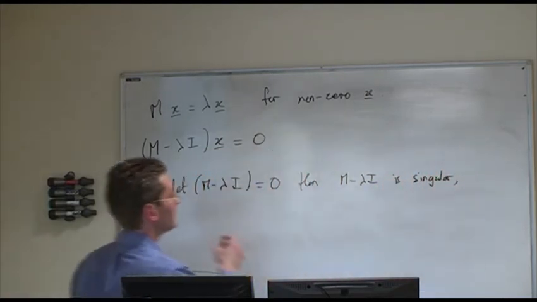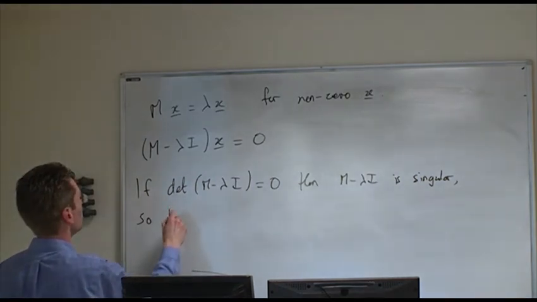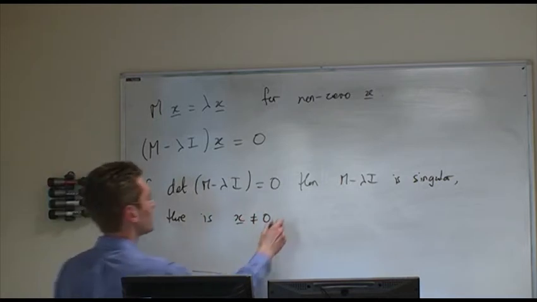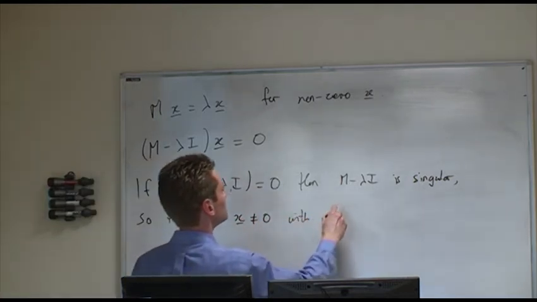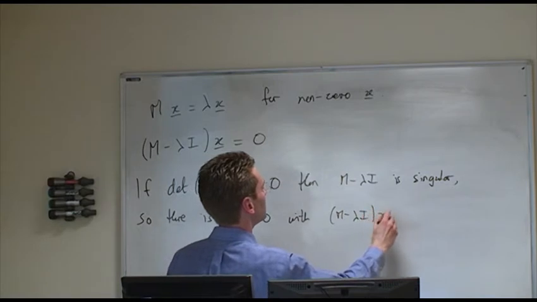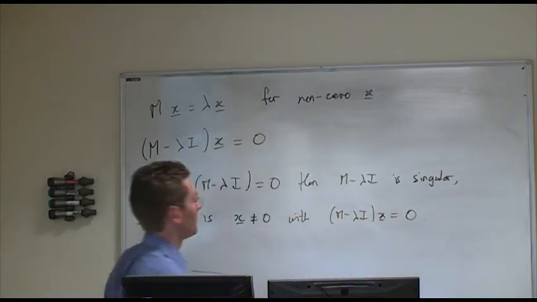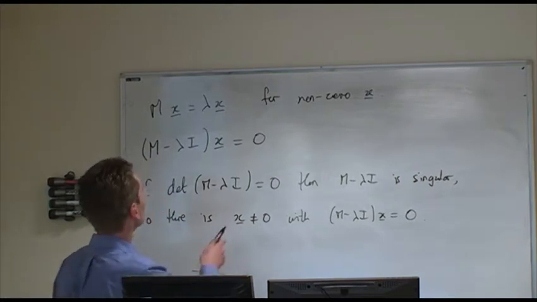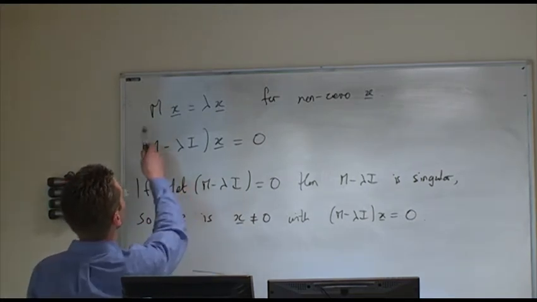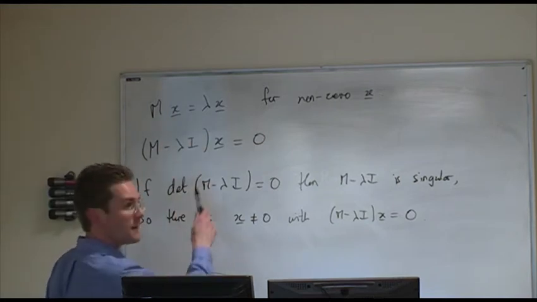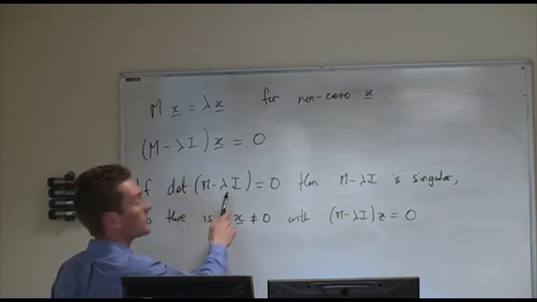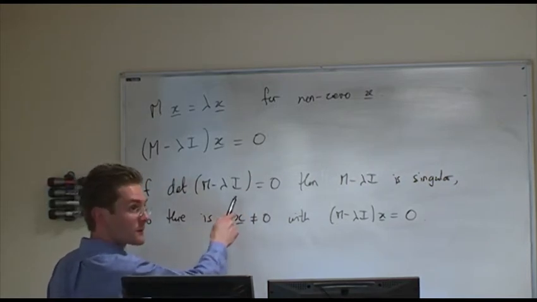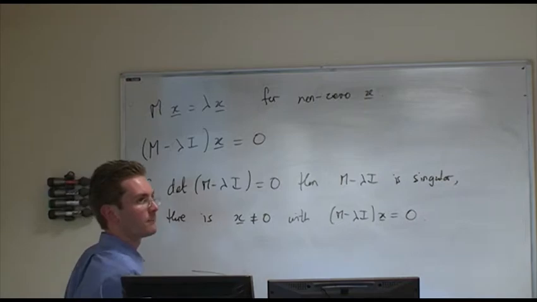And we know that that means that there is some non-zero vector x with (M − λI)x equal to 0. And that's exactly the equation we wanted to solve. So we see that we can solve our original problem, Mx equals λx, if and only if the determinant of M − λI is 0. And that's why we need to solve this first in order to determine the values of λ.